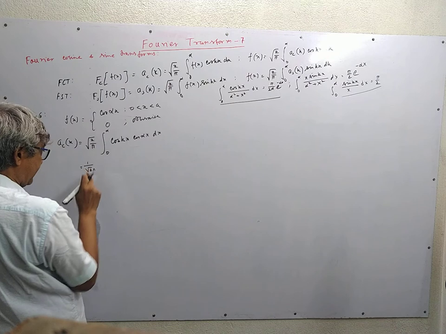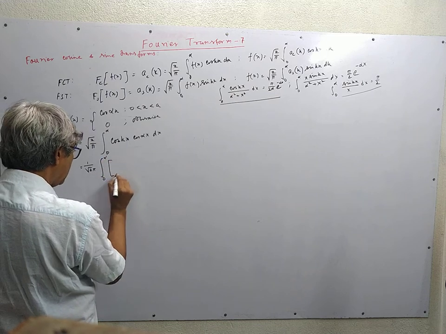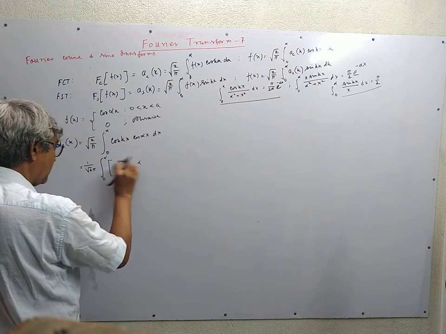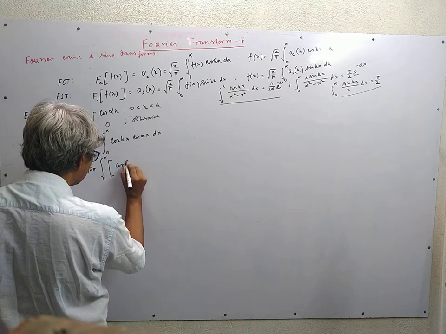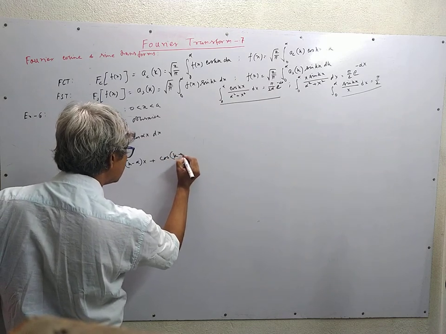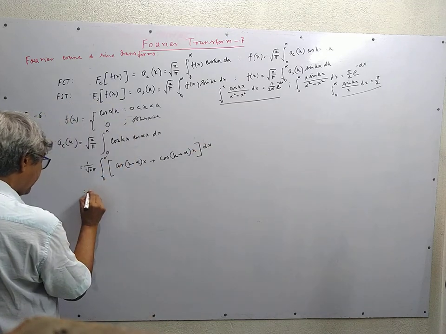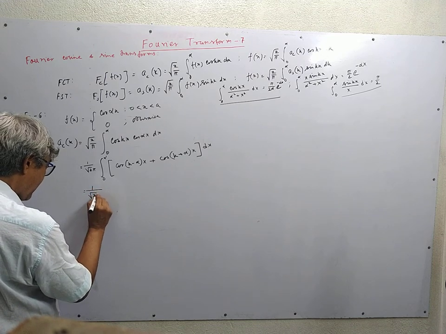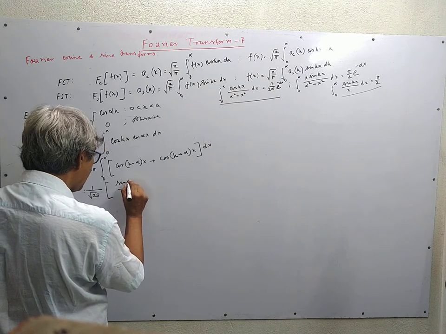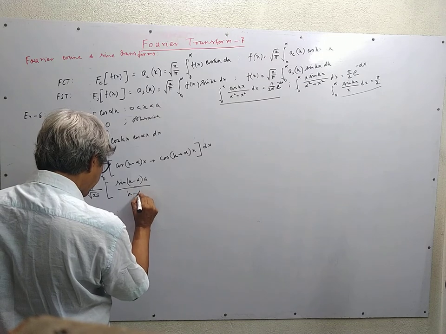We have used a 2 here and adjusted this 2 with this, so we get cos, and on integration it becomes, first term, in the denominator it will be sine of k minus alpha a by k minus alpha a.